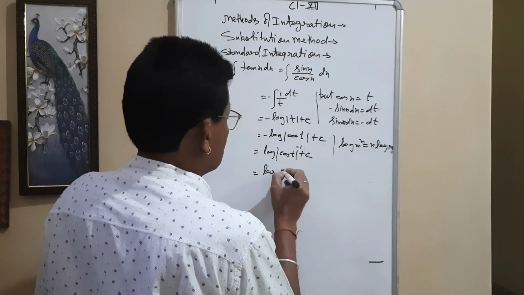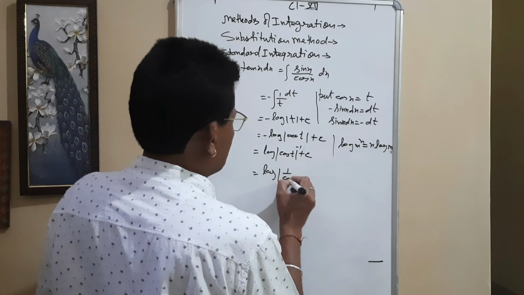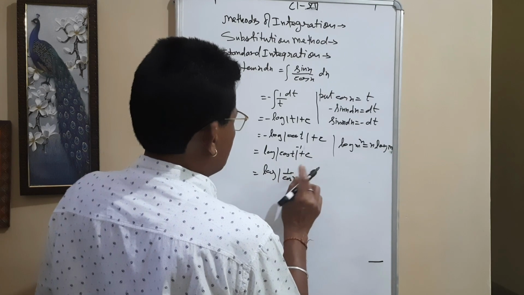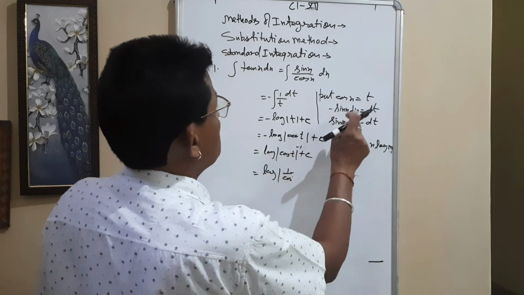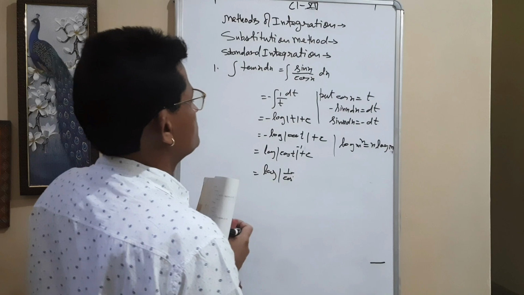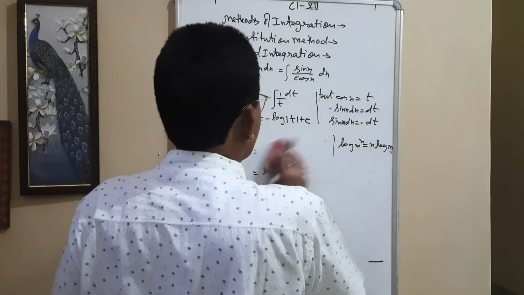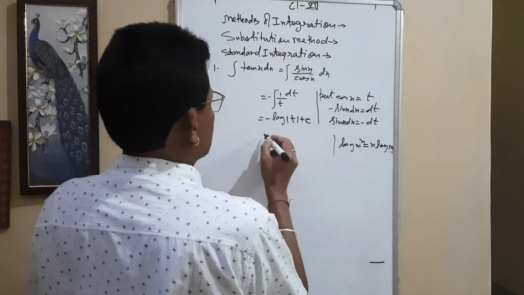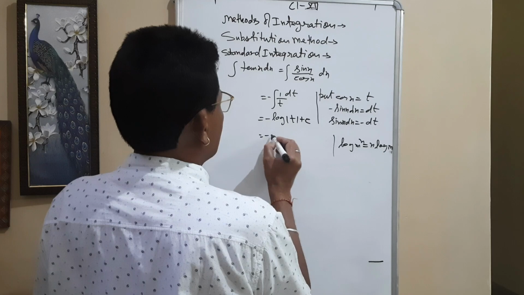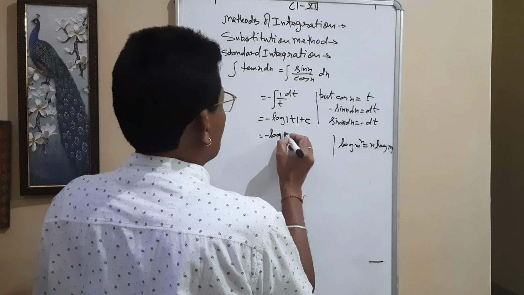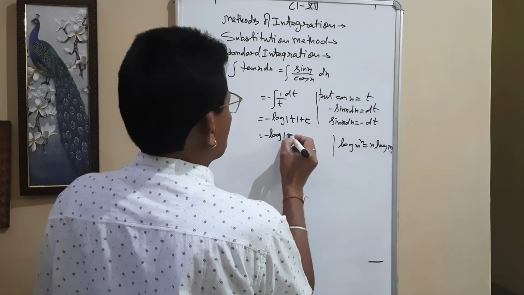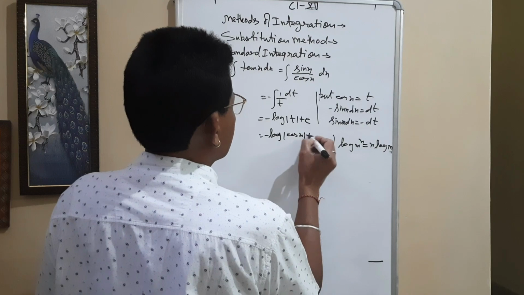Let me take 1 upon cos x. My dear student, substitute the value of t. Minus log, where t is equal to cos x, plus c.